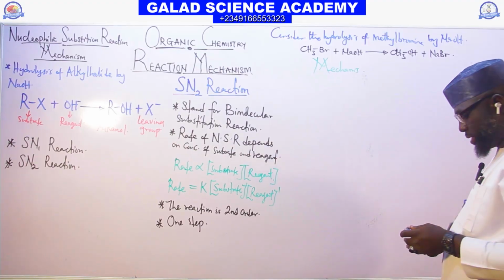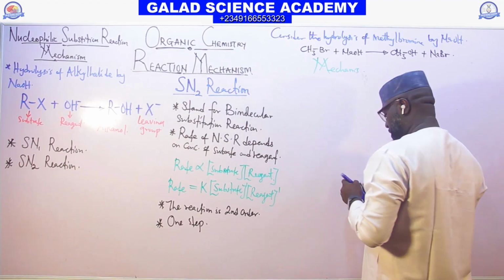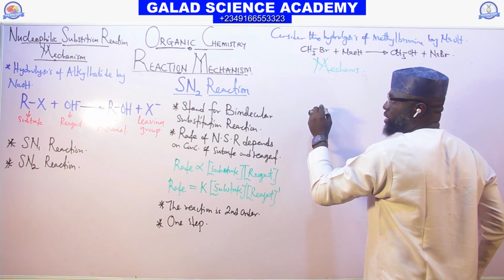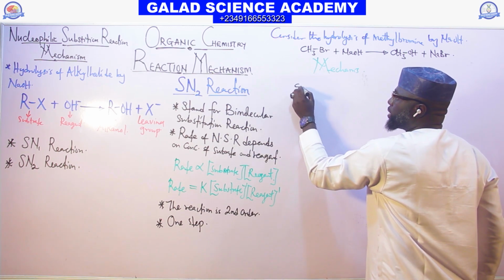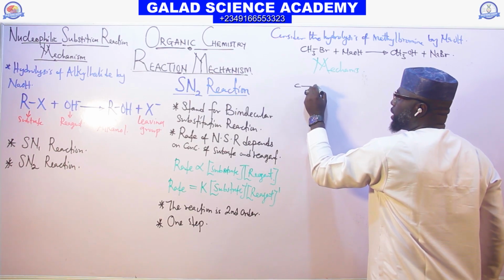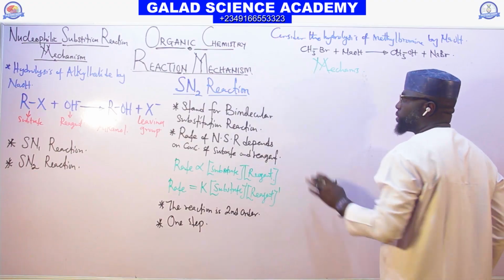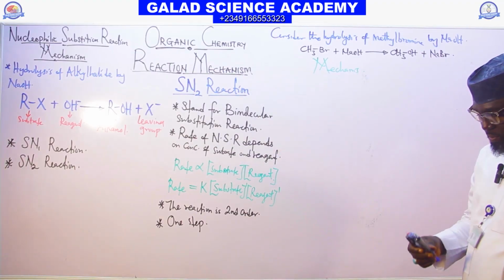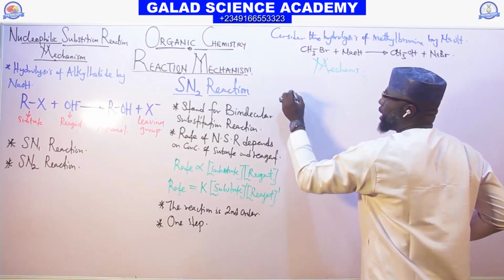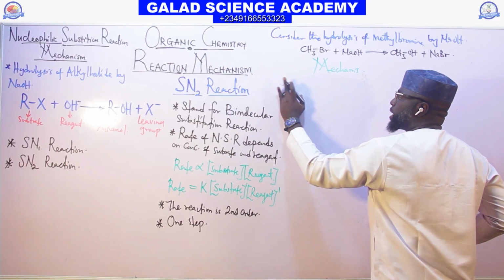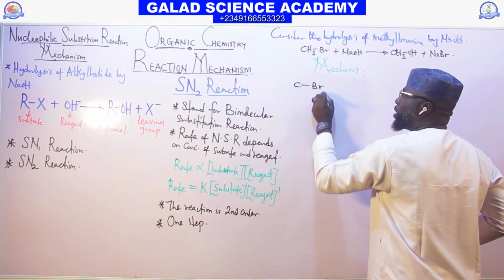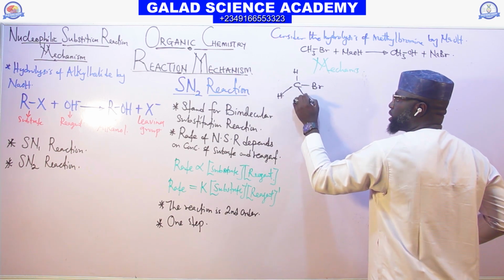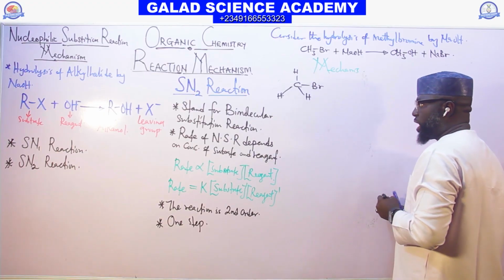The mechanism of the reaction: we have carbon, bromine, H, CH3, H. We have it in this form.